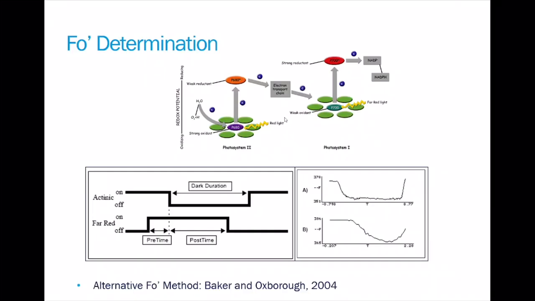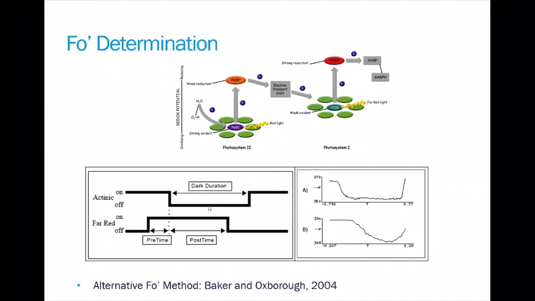The thought is, during that brief period of time, any electrons that are left in the primary acceptors of PS2 will be pulled over to PS1. Then the system will be in a dark adapted state again, and we can measure F0 at that point.